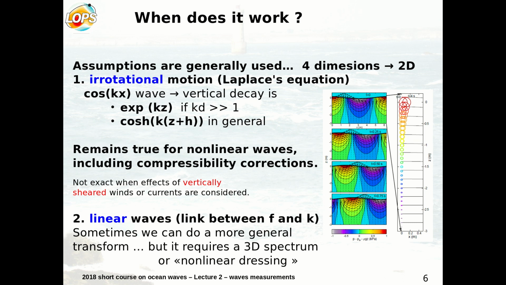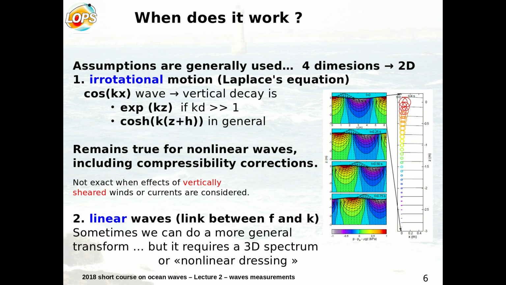The other assumption is that waves are linear, and then we have this connection between f and k from a dispersion relation. There is some part of the wave spectrum which is not quite linear, like the high frequency part, where you may want to do something a bit better, and then you may need a 3D spectrum, not just a 2D spectrum.